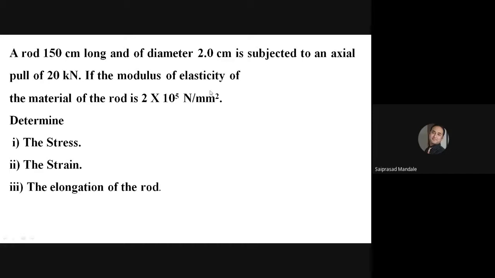And the modulus of elasticity of the material is 2 into 10 raised to 5 Newton per mm square. Determine the stress, strain, and the elongation of the rod. So we have to find the stress, which is denoted by sigma. Strain is denoted by small e. The elongation of the rod is denoted by delta L, that is change in dimension. So these three parameters we have to calculate.